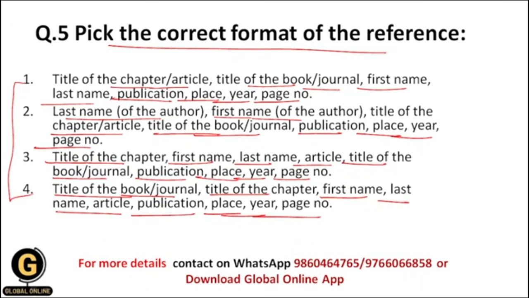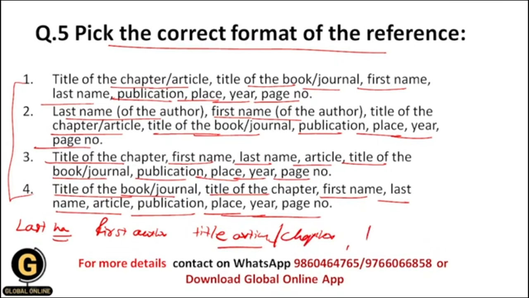So students, as I have told you in question 1 of this video, the common referencing style for any kind of author is that you first write the last name of the author, then the first name of the author, then the title of the article or the chapter. Whenever it is a journal, you write the title of the article, or whenever there is a book, you write the title of the chapter.